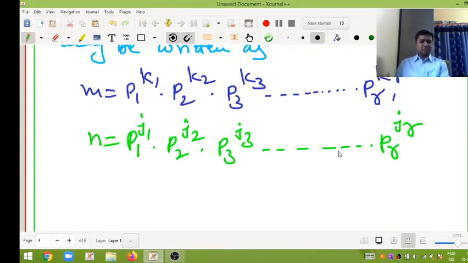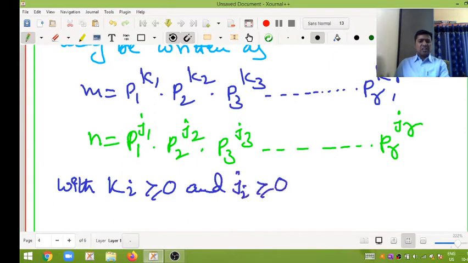Here ki is greater than or equal to 0 and ji is greater than or equal to 0 for i equal to 1, 2, 3, and so on.